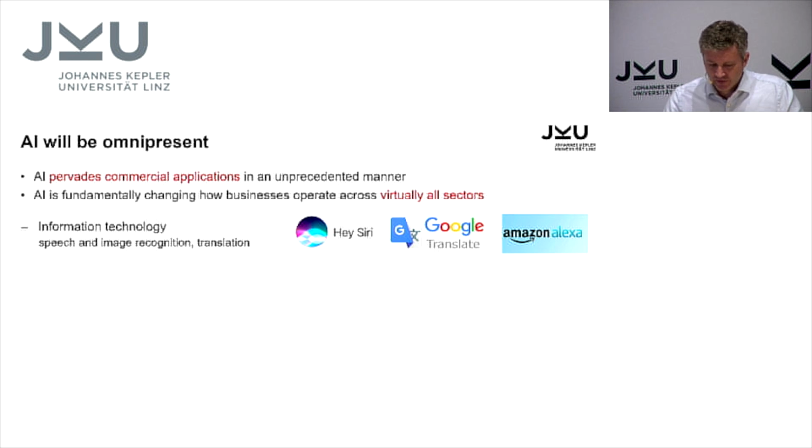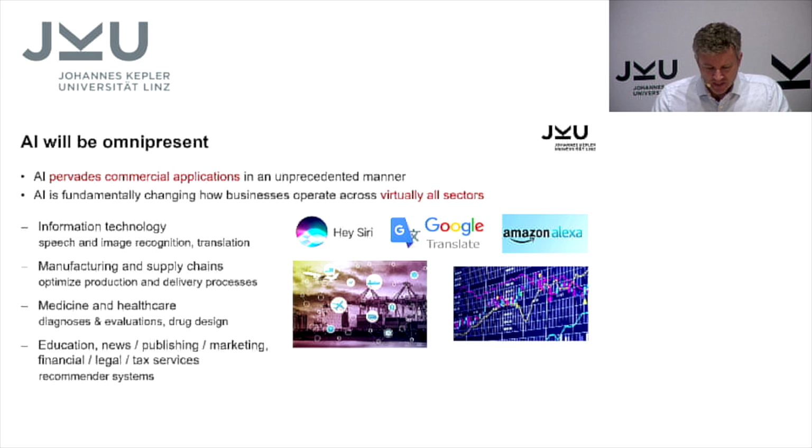You of course know that there is the information technology sector, the speech and image recognition or translation software, so whatever your mobile phone, whether it uses Siri or Google or Alexa or whatever, this is an achievement of AI built in.